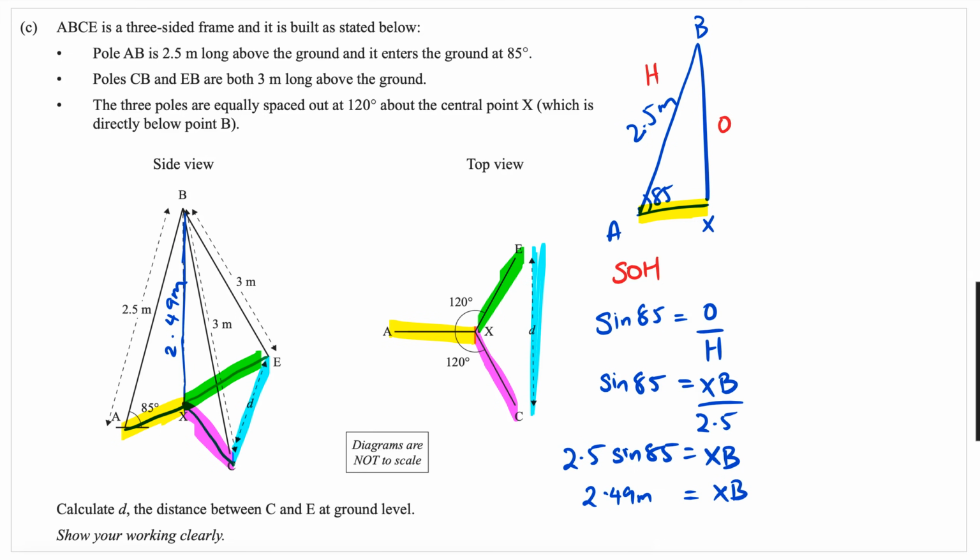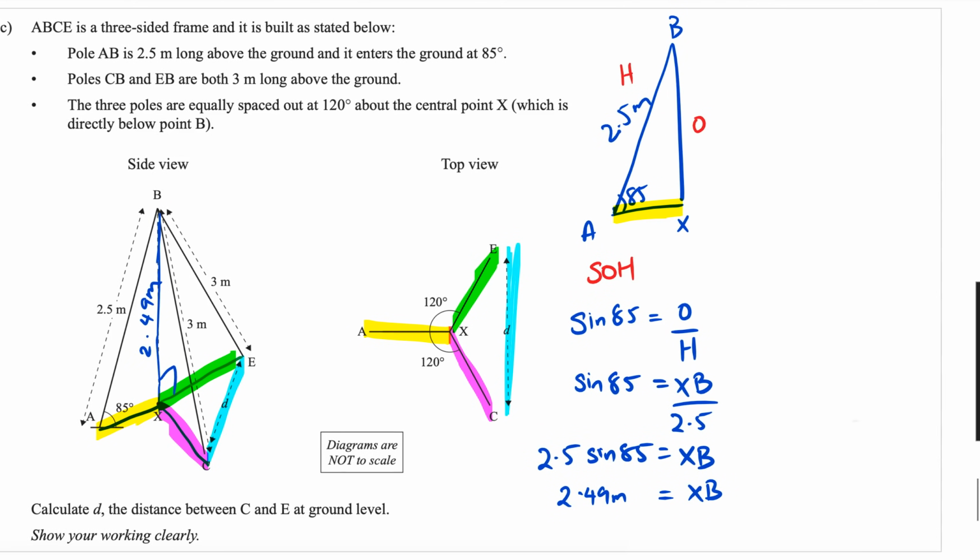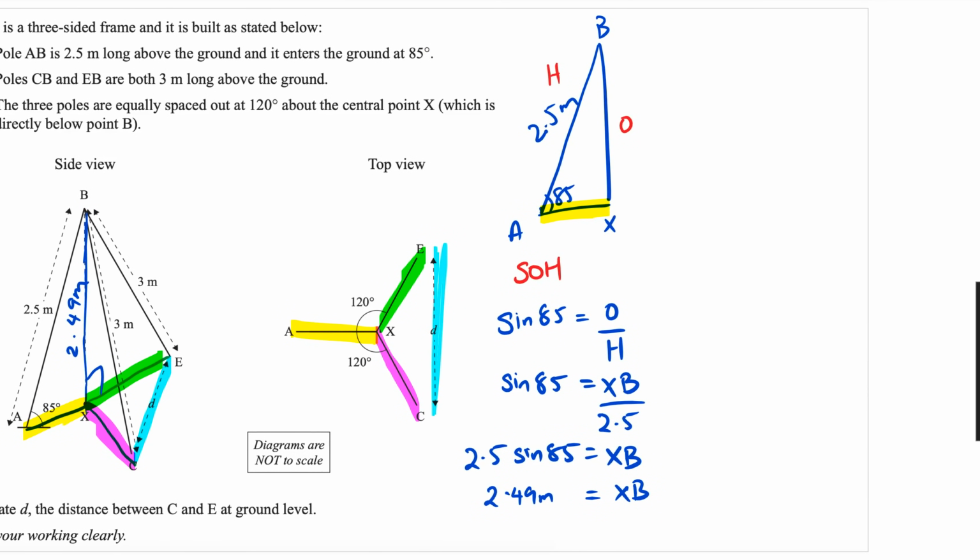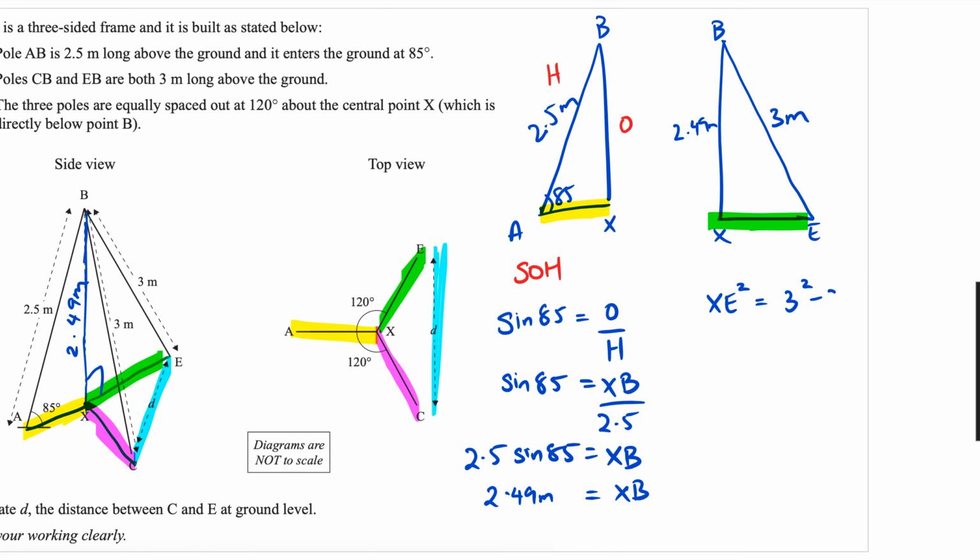Now the next part is looking at this right angle triangle here, which is BXE. XE is the green part. BX we found out to be 2.49 meters. We also know BE is 3 meters, so we can figure out what XE is. XE squared equals 3 squared minus 2.49 meters squared.